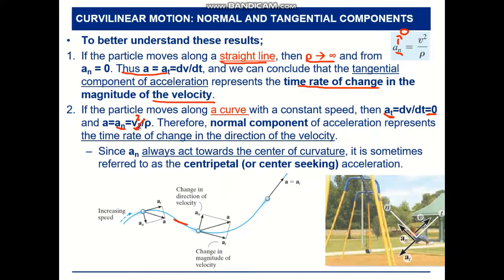So therefore, the normal component of acceleration represents the time rate of change in the direction of the velocity in a curve. Okay. Since the normal acceleration always acts towards the center of curvature, it's sometimes referred to as the centripetal or center-seeking acceleration.